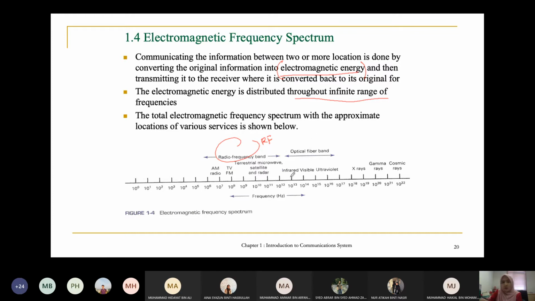We also have fiber optics, which uses a higher frequency, from 10 to the power of 12 until 10 to the power of 17. And for X-rays, gamma rays and cosmic rays, it uses very, very high frequency.